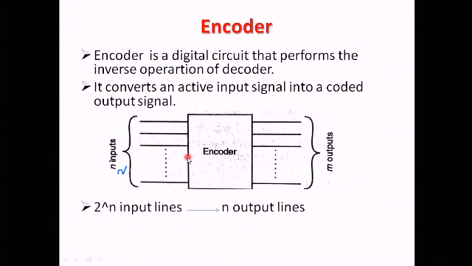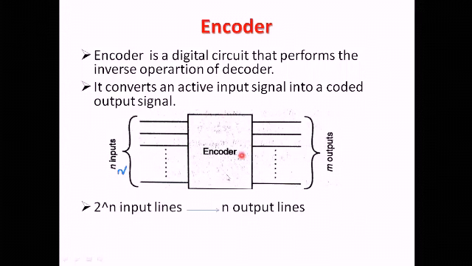It encodes one of the active inputs to a coded binary output with m bits. In an encoder, the number of outputs is less than the number of inputs. This is a very important thing: the number of outputs will be less than the number of inputs.